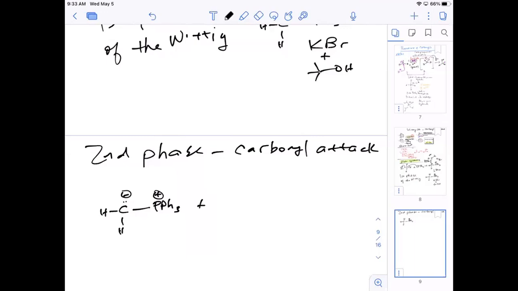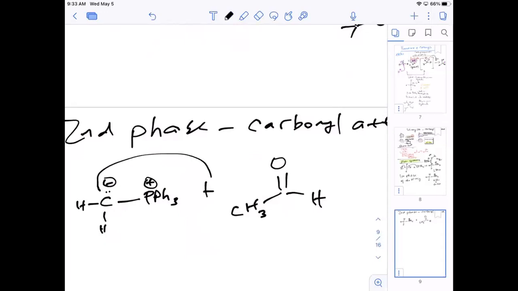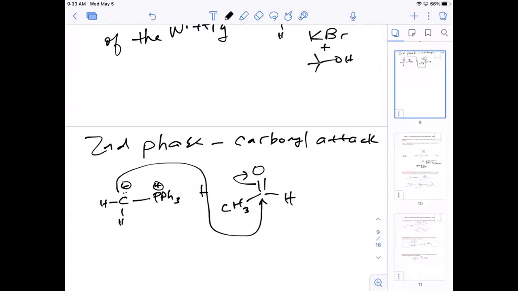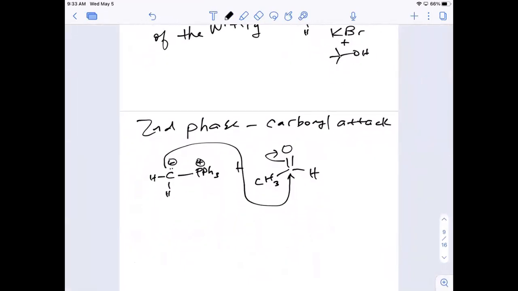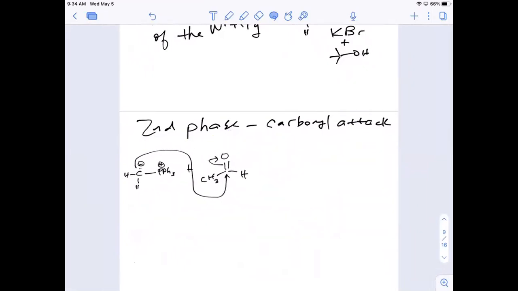So if I bring in acetaldehyde as my carbonyl source, the first thing that happens is the ylide is going to take that pair of electrons and boom, attack that carbonyl, right? So that's the first part of that reaction.